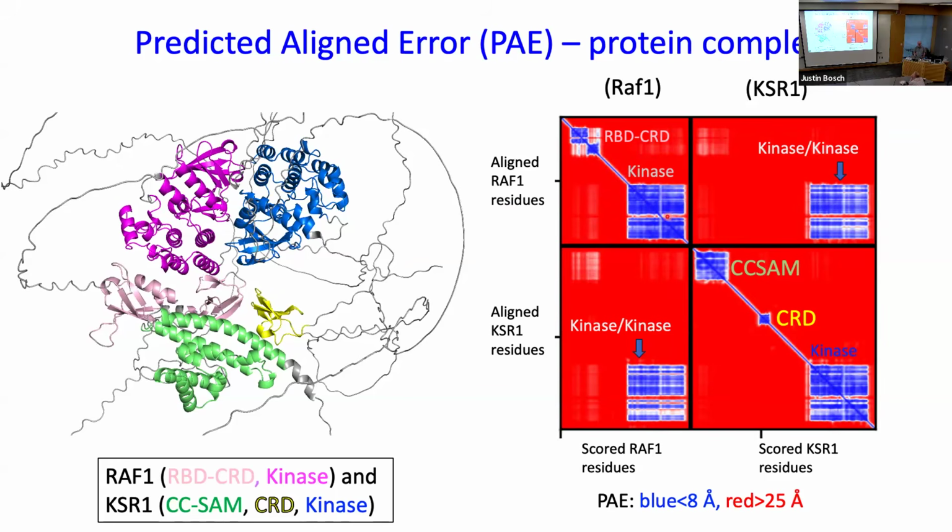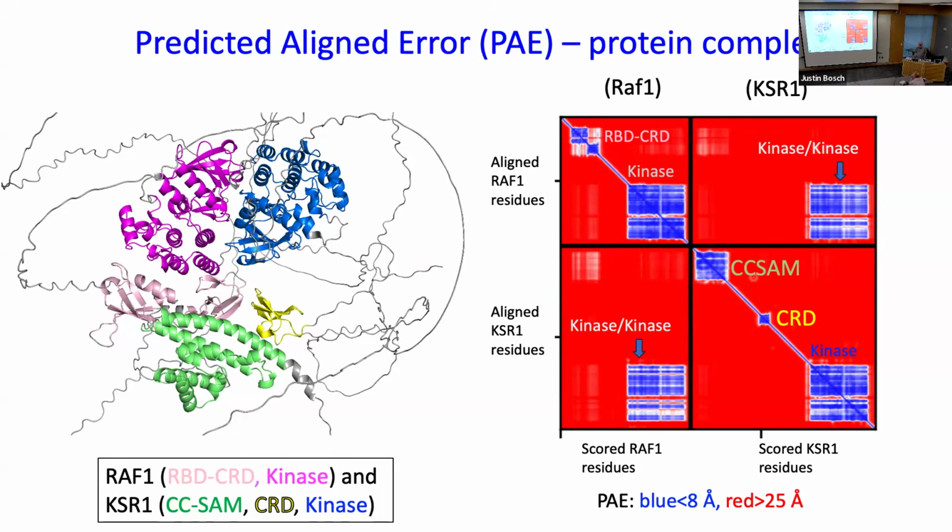The kinase domain is here, in bright blue, because everything within the kinase domain is pretty well predicted relative to everything else except the activation loop. RBD to RBD and CRD to CRD are also blue, with some decent relationship with each other. This is a red-blue scale instead of green-white, but it's the same idea. Blue is good, blue is low, white is medium, and red is bad.